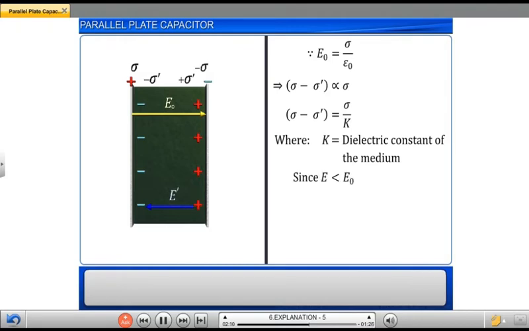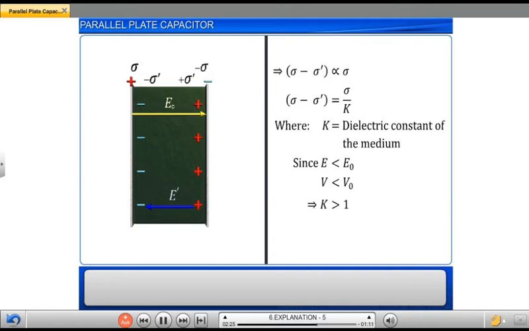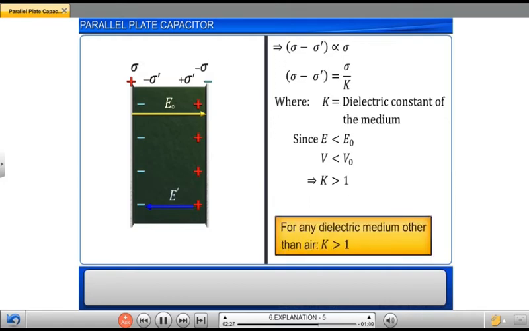Since the electric field strength E is less than E naught, and hence potential difference V is less than V naught, this clearly implies that the value of K must be greater than 1. For any dielectric medium other than air, K is greater than 1.